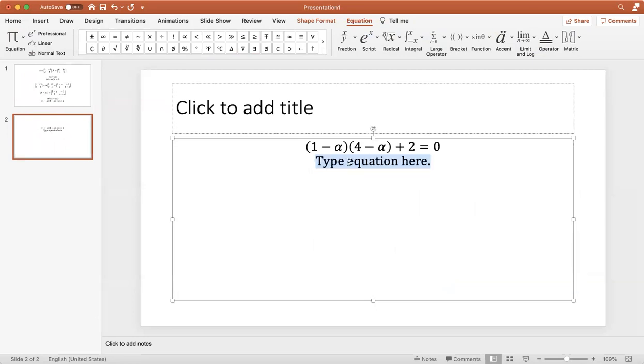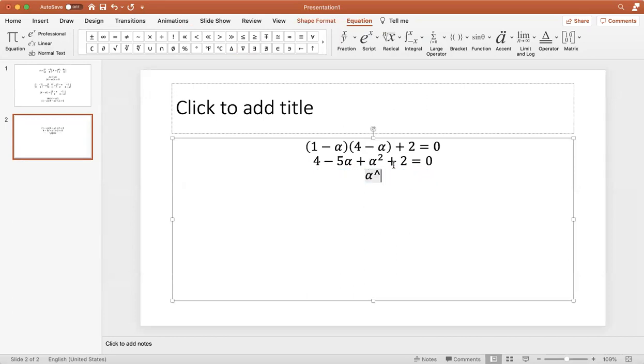So you'll get something like 4 minus 5 alpha, because negative alpha plus negative 4 alpha is negative 5 alpha, plus alpha squared plus 2. Simplifying it further, you'll get the usual quadratic equation.